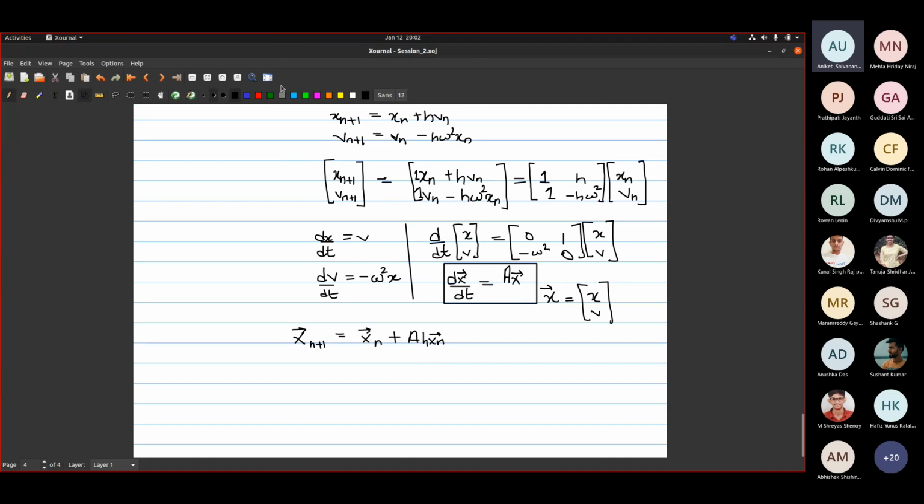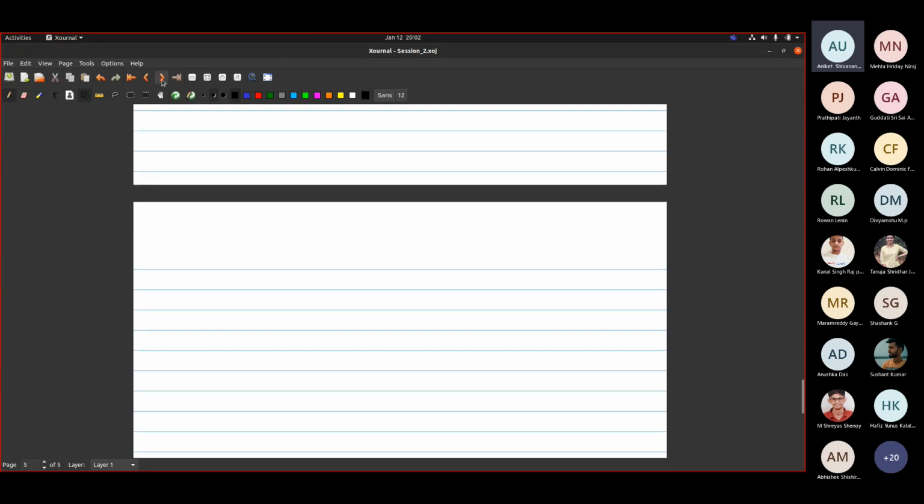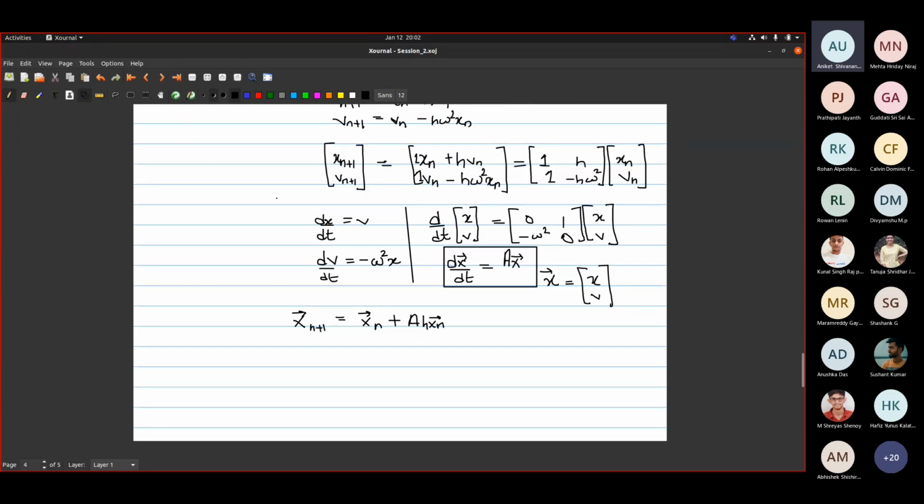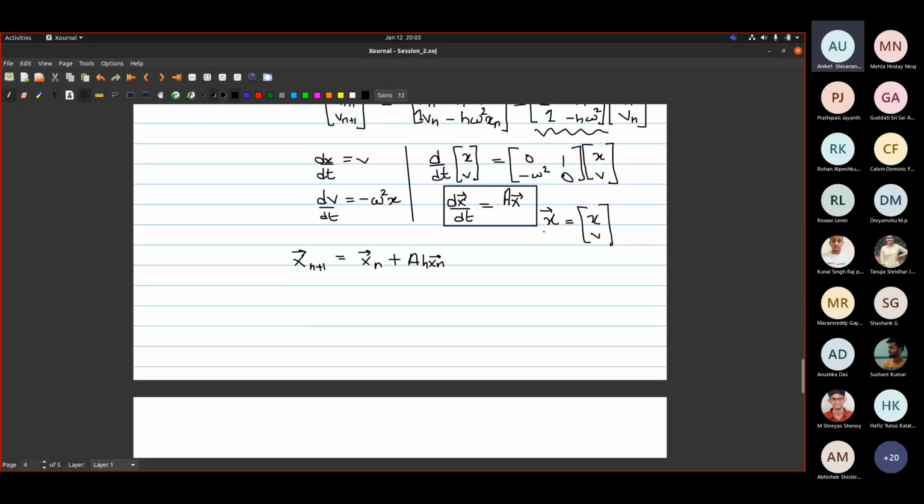One other great aspect of solving it in this form, which is also called its state space form, is that you can get information from this matrix A. Forget this matrix for now, it is basically your identity plus this thing. Anyways, never mind that.